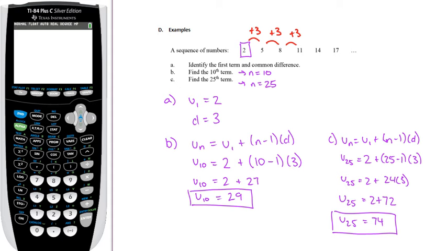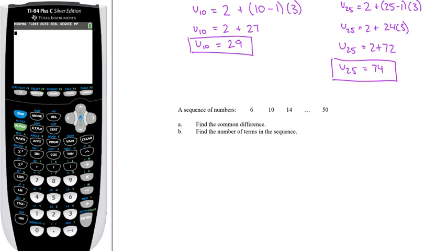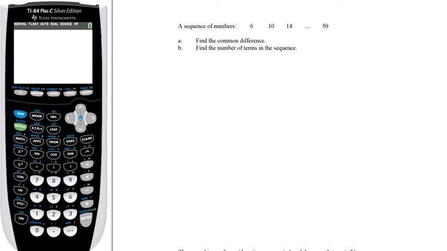There are other ways to implement this formula. If we look at the next example, we're given a new sequence: 6, 10, 14, and we're given the last number in the sequence, and we're asked to do a couple of things. The first thing we're asked to do is to find the common difference.